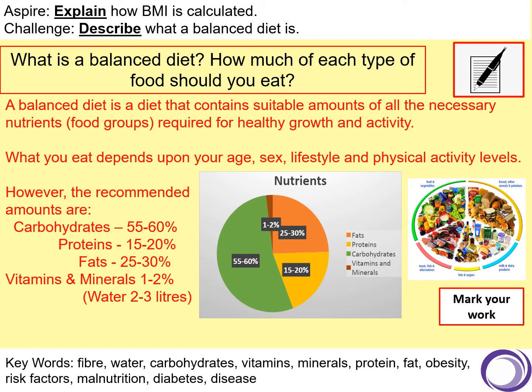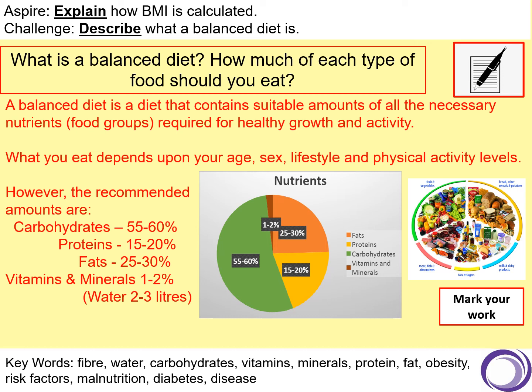So the question that I posed to you guys was, what is a balanced diet and how much of each type of food should you eat? A balanced diet is a diet that contains a suitable amount of every necessary food group, and that's required for healthy growth and activity. What you do eat will depend on your age, whether you're male or female, your lifestyle, and your physical activity levels.